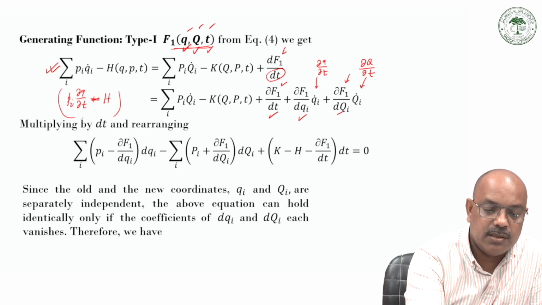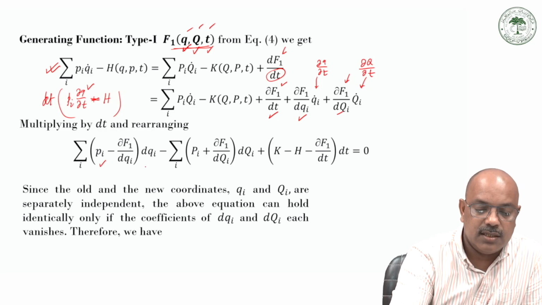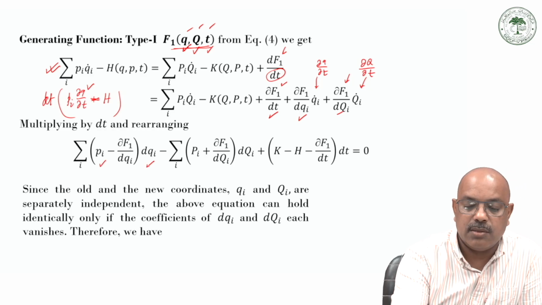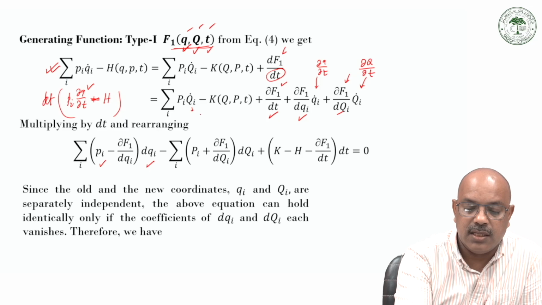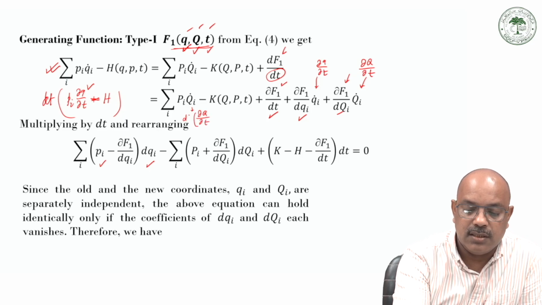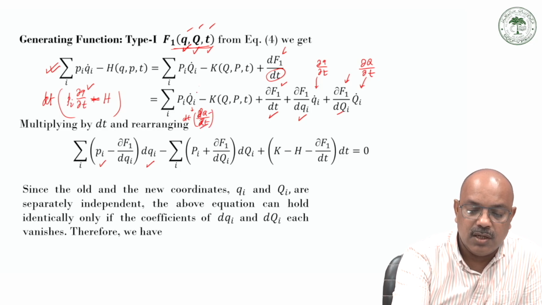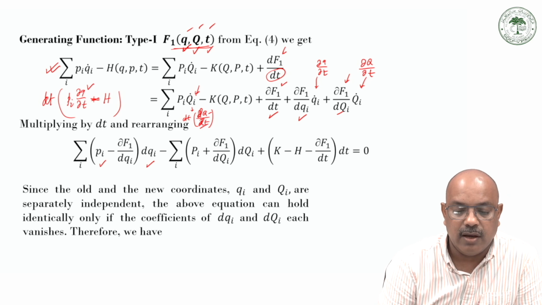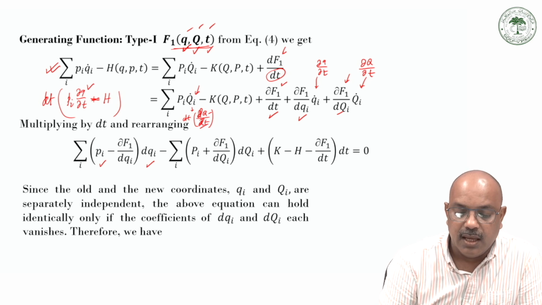So if I multiply by dt, this dt will cancel out, so I have dq, so they have p dq. And similarly, this is my delta Q by delta t. So if I multiply by dt, this is dQ by dt, this will cancel out, so I have dQ. So this is P dot, you have dQ.